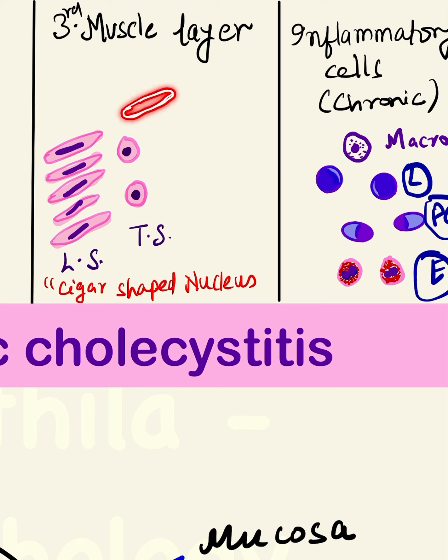Cigar shaped means they have blunt or rounded ends. So here you can see the rounded ends. You have to make this, and there is a moderate amount of eosinophilic cytoplasm. If these cells are cut in transverse section, they will be seen with a round nucleus. So this is the transverse section, and this is the longitudinal section. You have to remember the cigar shaped nucleus.